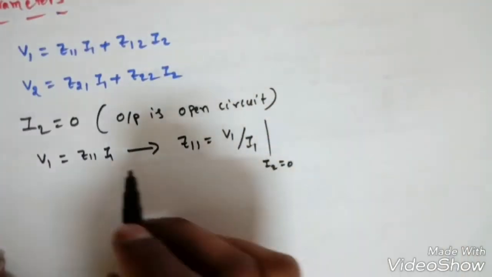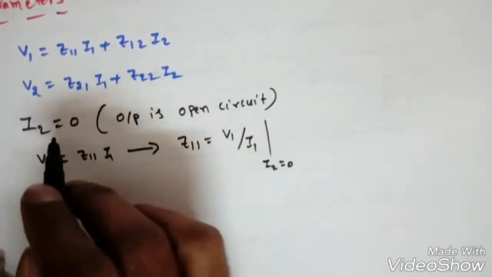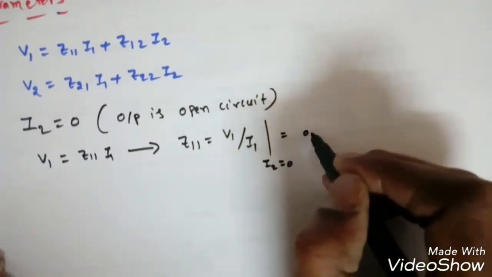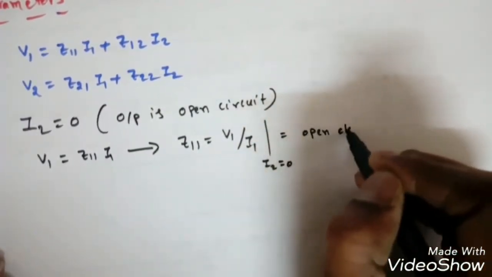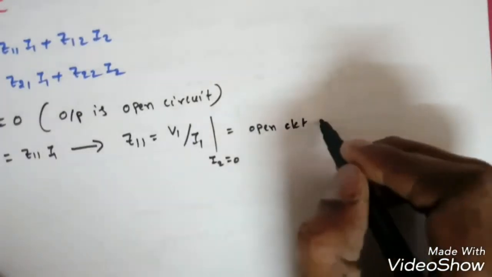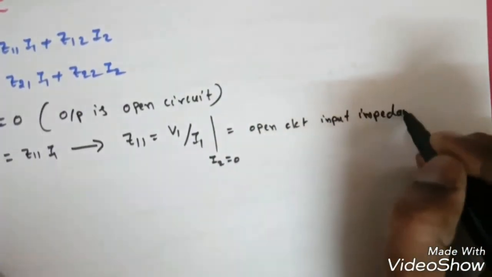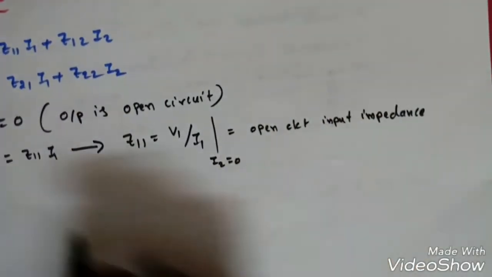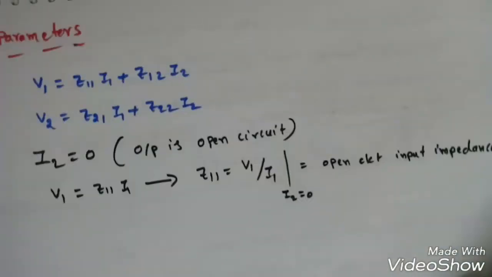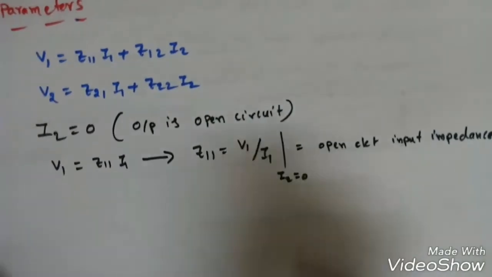Since we are opening the output side, this is called the open circuit input impedance. Generally these parameters are also called open circuit impedance parameters.